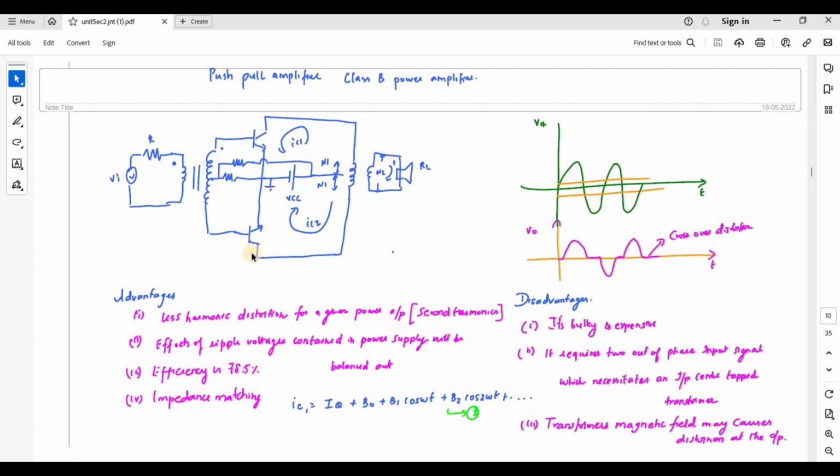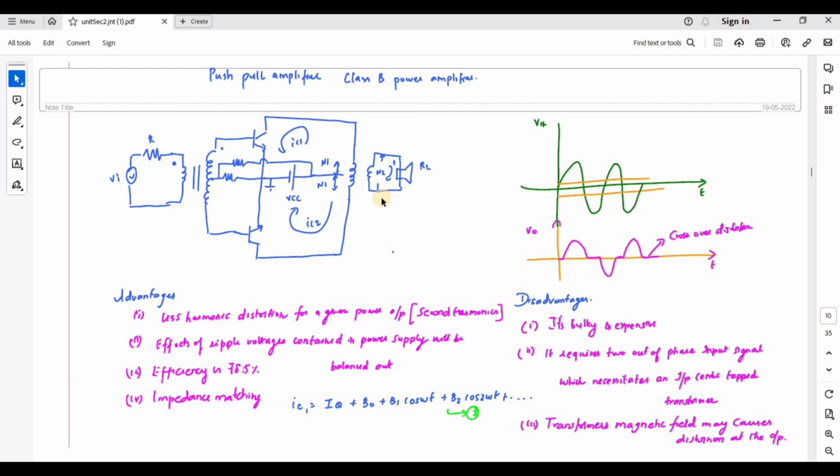The input transformer is called a phase splitter, in order to produce two signal voltages which are 180 degrees phase shifted, in order to drive the transistors Q1 and Q2. T2 is an output transformer, which is required to couple the AC output signal from the collector to the load.